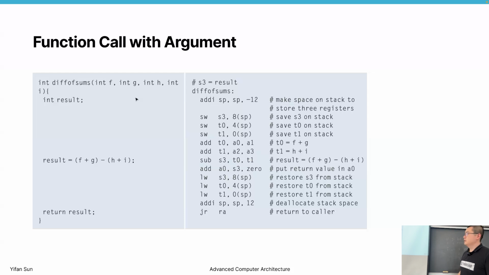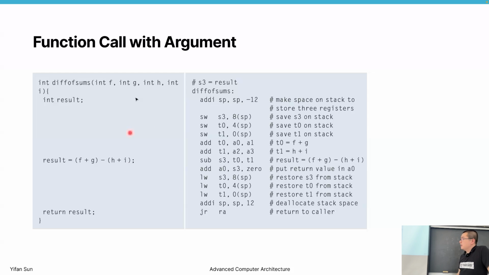Okay. So then you think this may be overkill, because load and store are not free. They take time. Any memory access is expensive. We want to reduce them as much as possible.